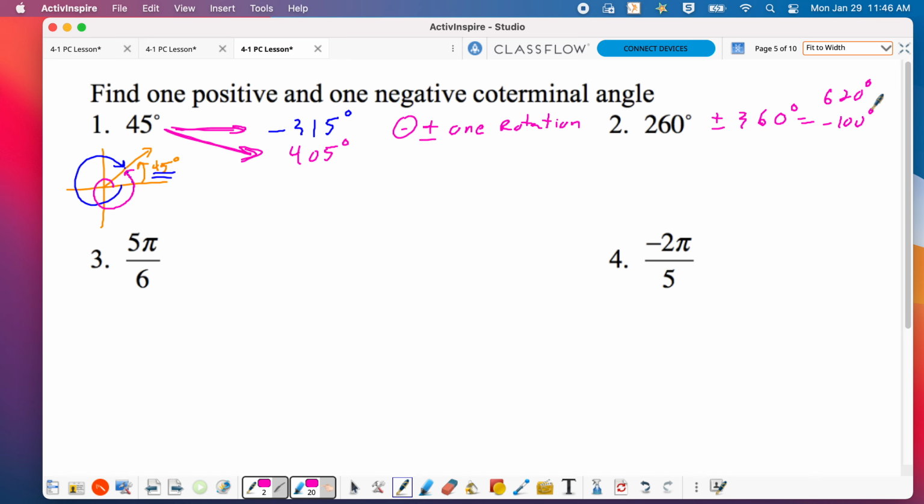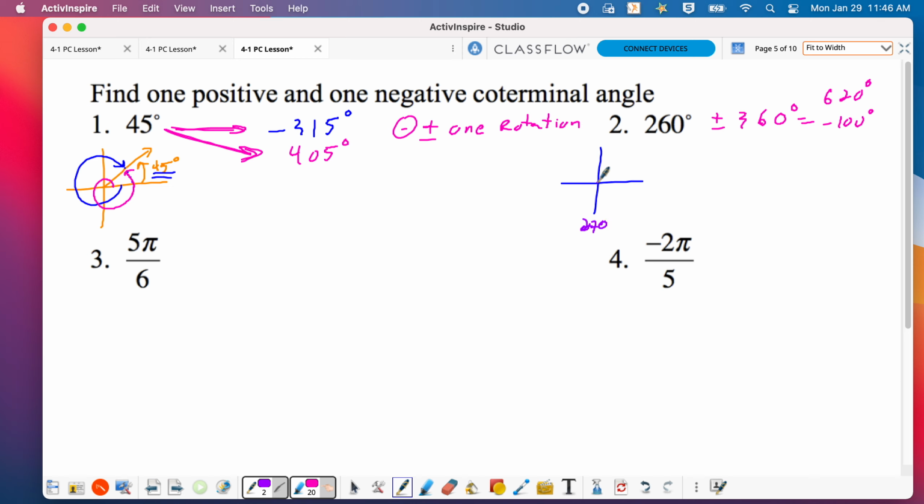All right, now looking at the picture of this one, I like doing the pictures because we're going to do this a bunch. If I rotate 270 degrees, my first thought is, well, 270 is all the way to the bottom. This is 270 degrees if I rotate to the bottom.